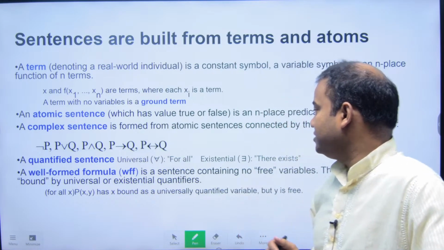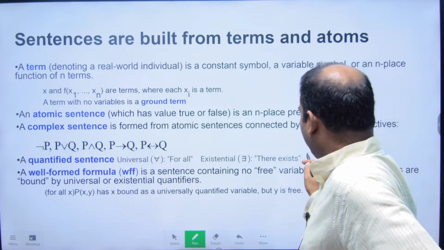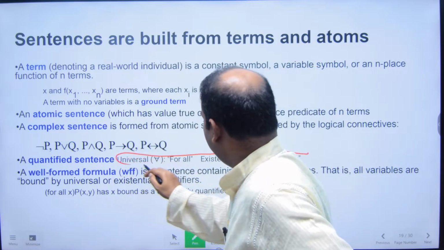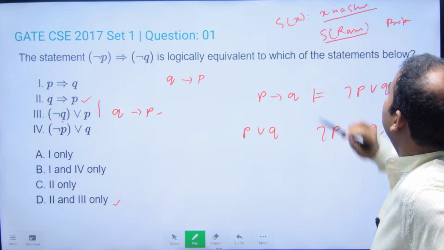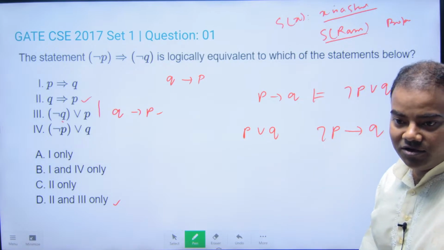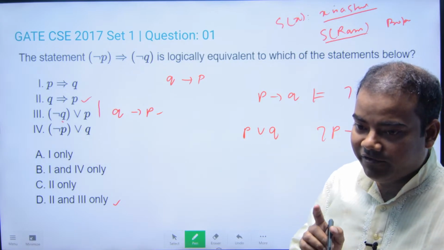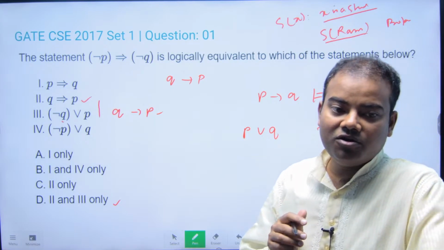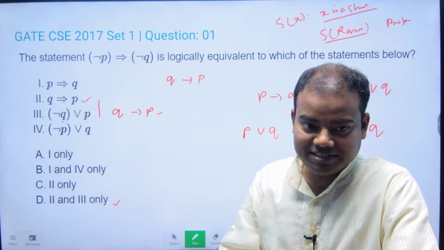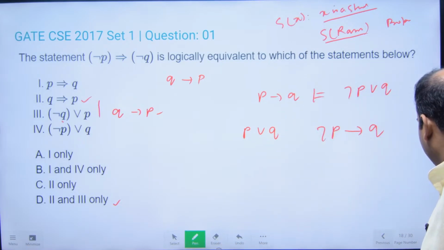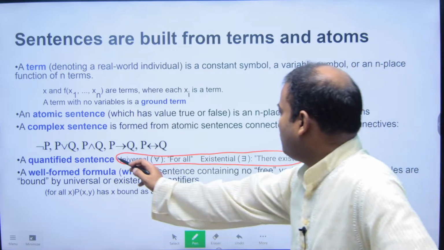Quantified sentence. Now this is one important thing, quantified. When we have this type of thing, Sx, when the subject is a variable, then the very important thing is the quantifier, meaning how many subjects are there, that is important. So there are two types of quantifier.